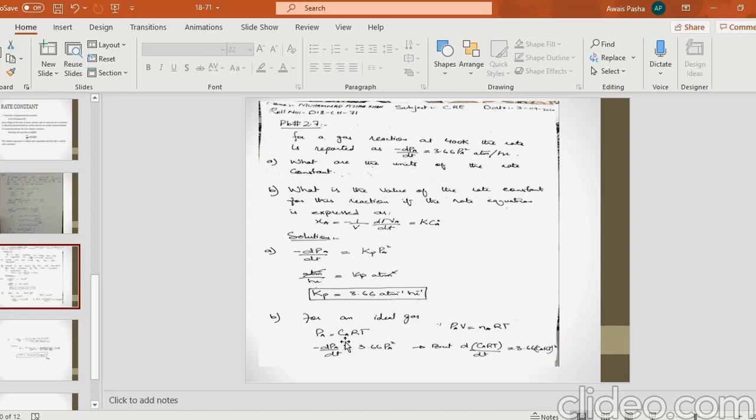Then from the equation, the negative rate of change of partial pressure with respect to time is equal to 3.66 partial pressure of A square.